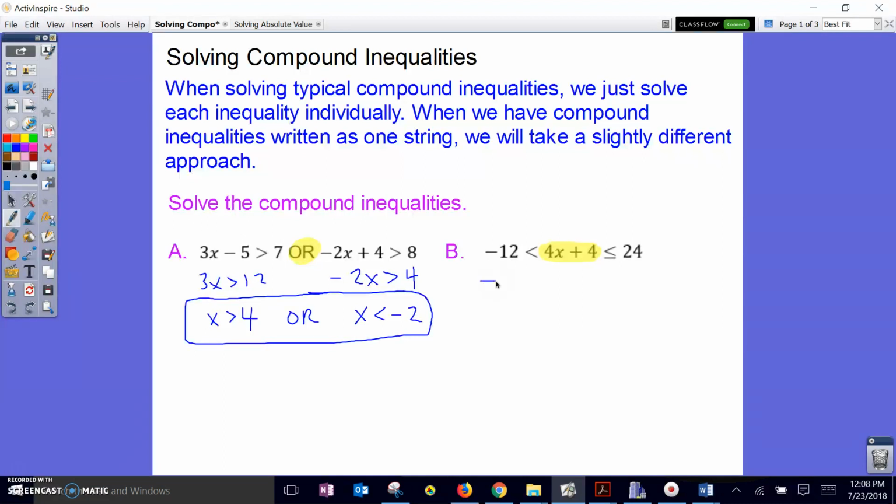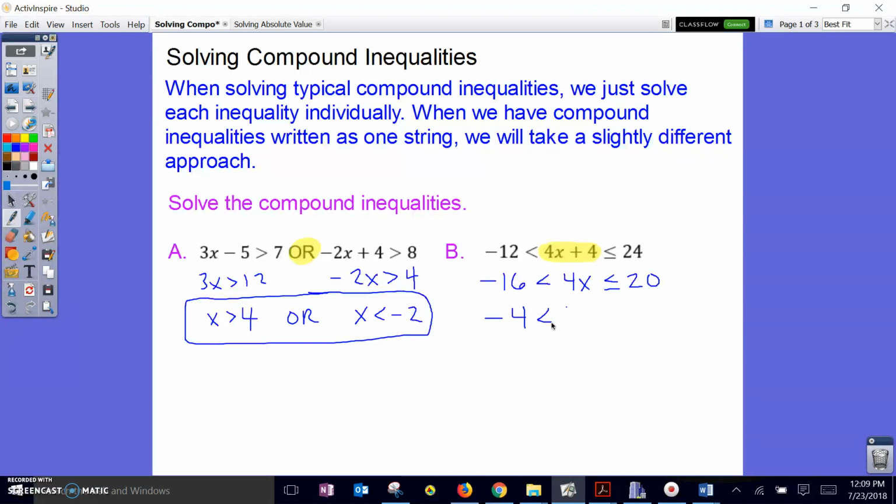So -12 minus 4, 4x plus 4 minus 4, and 24 minus 4. And so we subtracted 4 from all 3 parts. And now we want to divide all 3 parts by 4 in order to get x by itself. So we divide the -16 by 4.